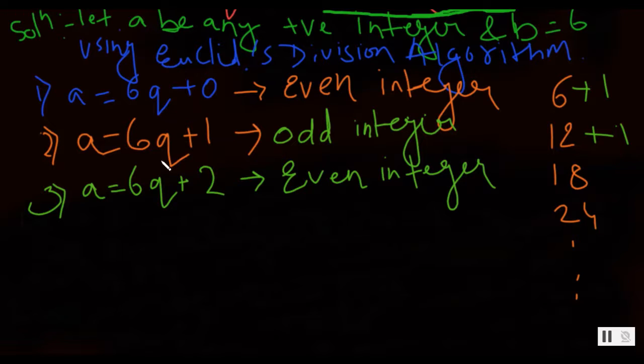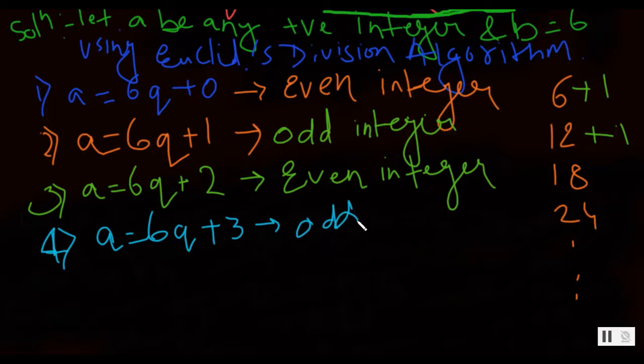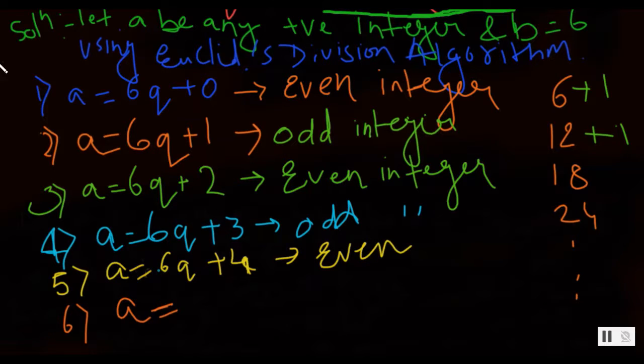Okay, now the next value is 6q plus 3. This will again result in an odd integer. 6 plus 3 is 9. So it is again an odd integer. And then again A equals 6q plus 5, and this will again result in an odd integer.